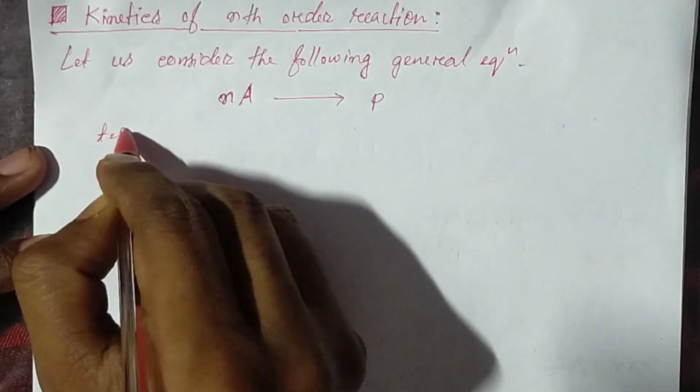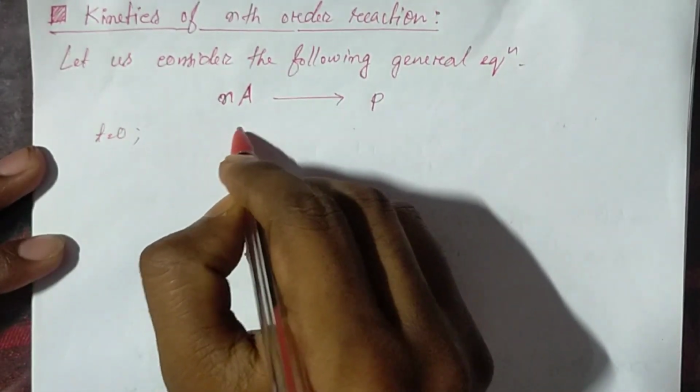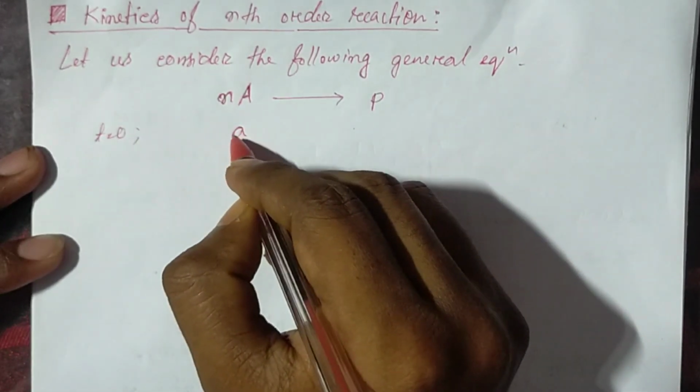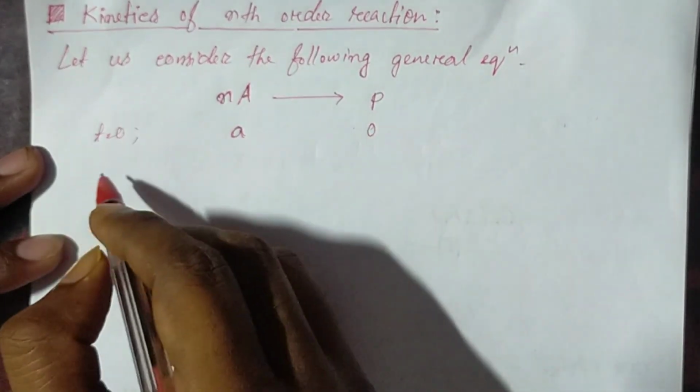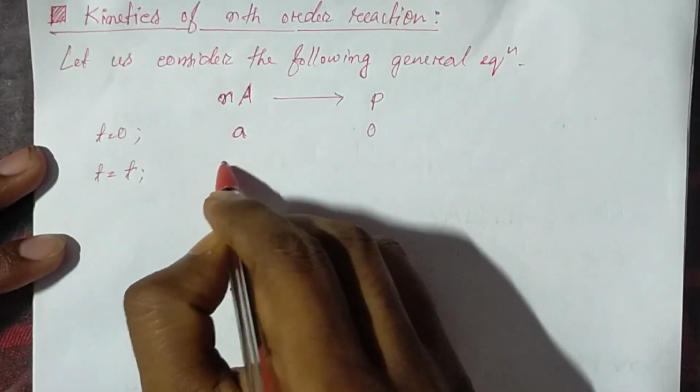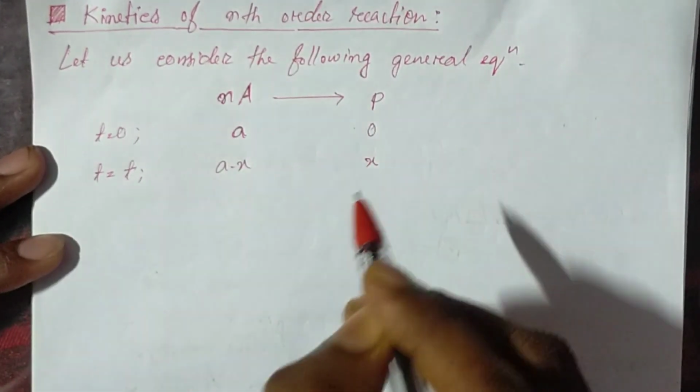When time is 0, a amount of reactant will be there and 0 product. And when time is t, it will be a minus x, and here it will be x.